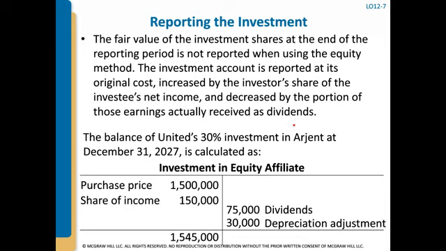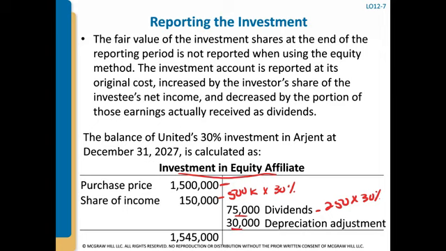So let's talk about the actual reporting in our investment account. We debited the investment account for $1.5 million. Here's our share of the income, the $500,000 times 30%, which increased our investment. The dividends were the $250,000 they paid times 30%, where we reduced our investment for those dividends paid.